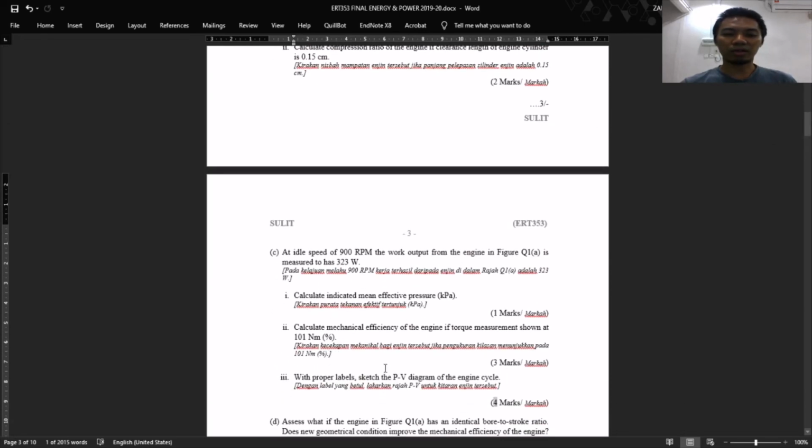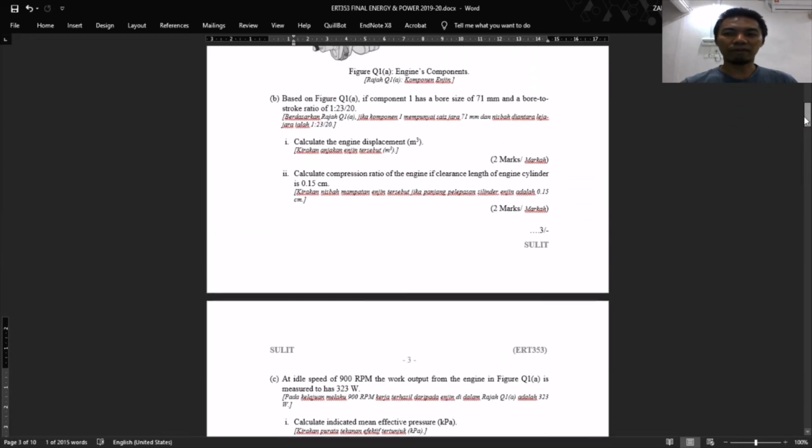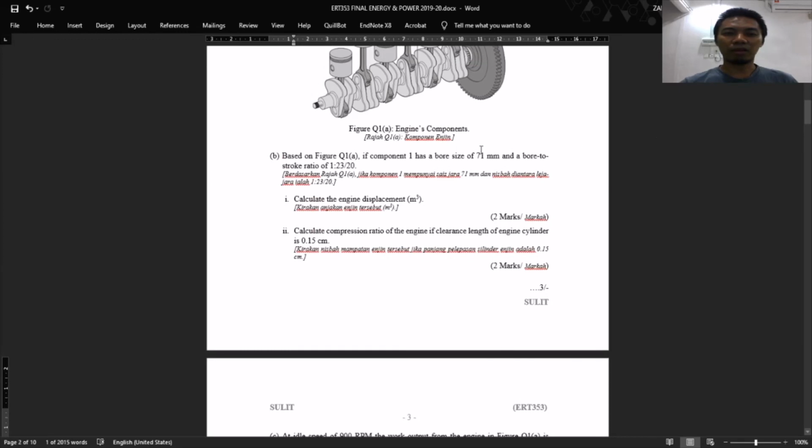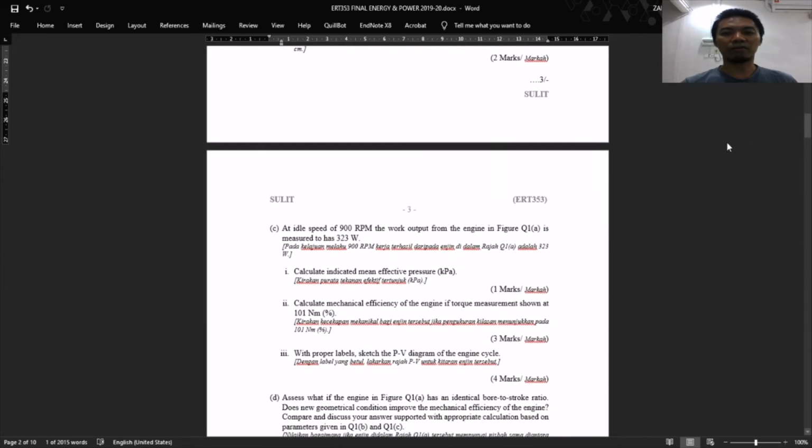Here you already calculated mechanical efficiency if the bore and stroke ratio is not similar to this ratio. You try the bore size of 71 mm and the stroke length also 71 mm. So you have to calculate it from the first to the end.